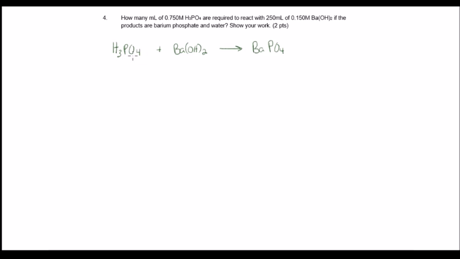So if you don't remember from your polyatomic ions, then you can look and see how many hydrogens you have and realize that phosphate must be a -3. And then the barium has 2 hydroxides on it. It is a +2. So the way you balance it, it's going to be Ba3(PO4)2. And I'm going to get rid of those so they're not confusing. All right, and water.